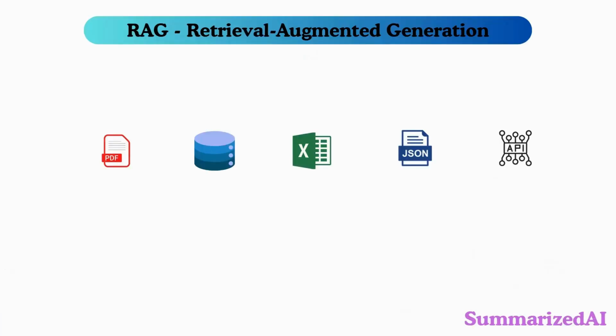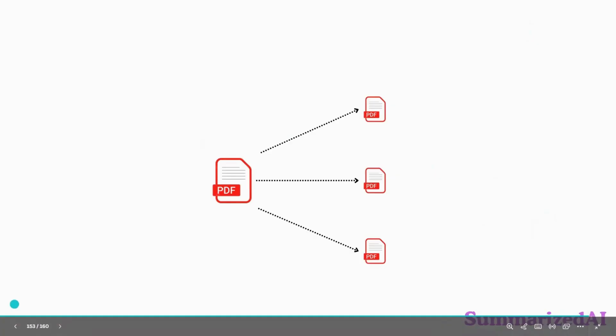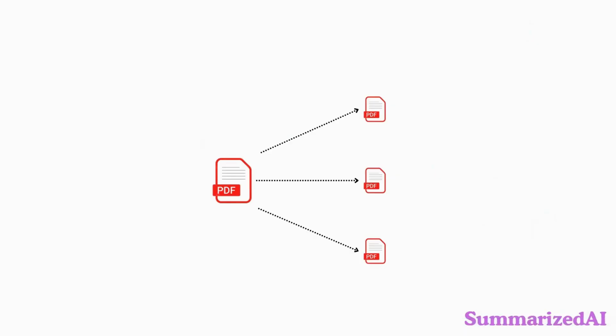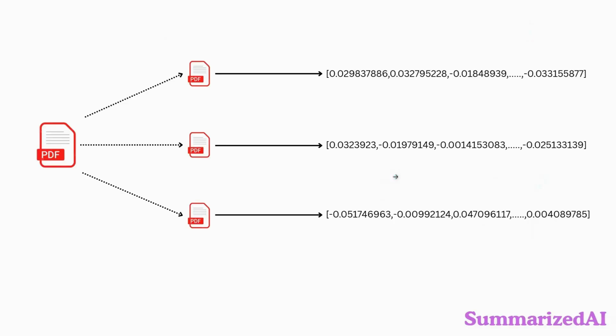Imagine you have a large amount of data in the form of data or documents. The first step when we go for a RAG is to break these documents into smaller chunks, making them easier for the AI to process and analyze. Next, for each chunk, the system creates a vector embedding, a numerical representation that captures the meaning of the text rather than just a word.